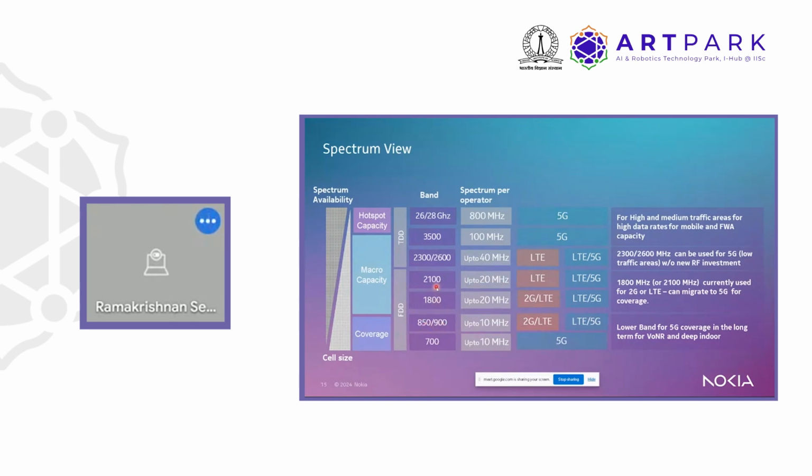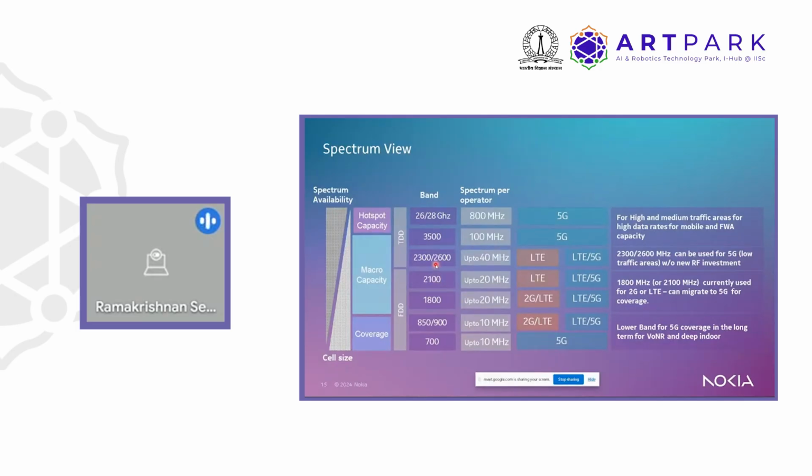Till this point, 700 was recently auctioned, but before that we only had 850, 900 megahertz, 1800 for the 2G spectrum initially, CDMA and 2G, and then 2100 megahertz came in for 3G. So as of now, these four were the FDD bands that could be used for 2G and 3G services, which operators have slowly started migrating to 4G network.